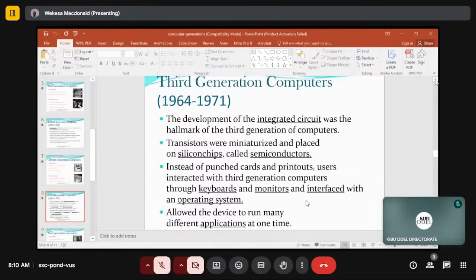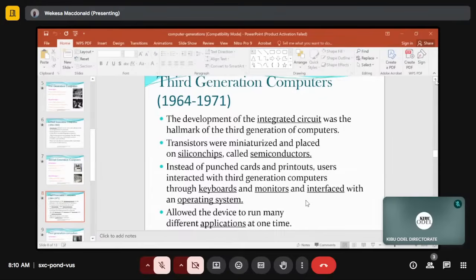IC was smaller compared to transistors. Okay, and they were using what's called semiconductor or the circuitry or the silicon chip.